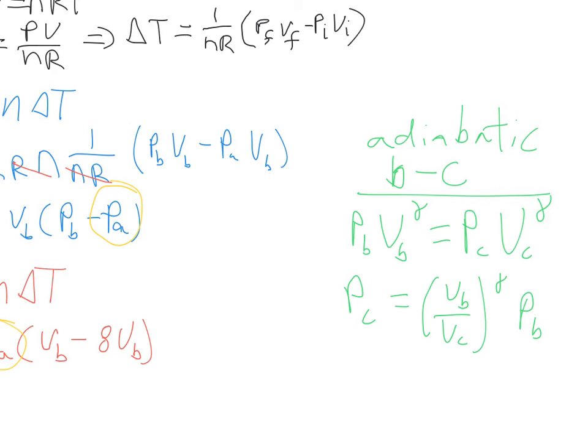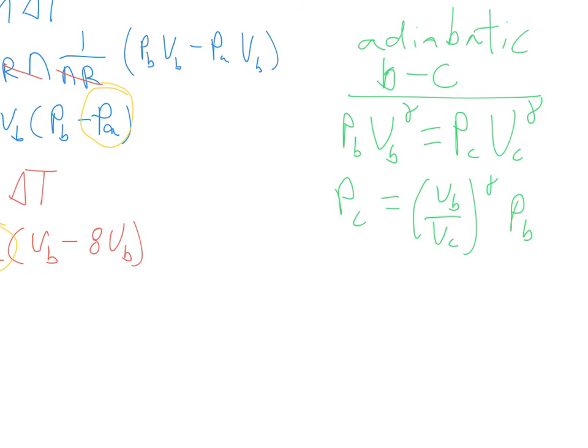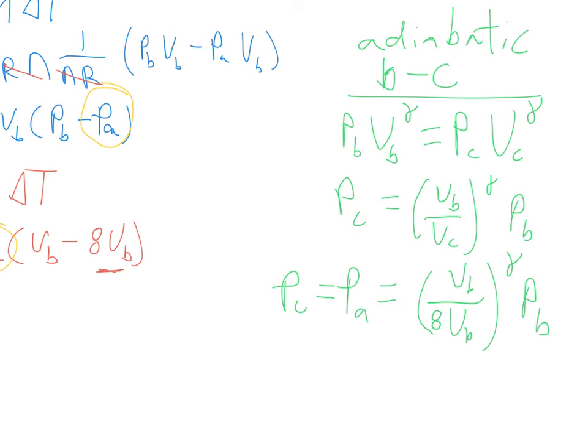Our pressure at point C, which recall is the same as the pressure at point A, is going to be equal to our volume at point B divided by 8 times our volume at point B. That's what our volume at C is, just as we saw over here, to the gamma power multiplied by the pressure at point B, which is given in the problem statement.